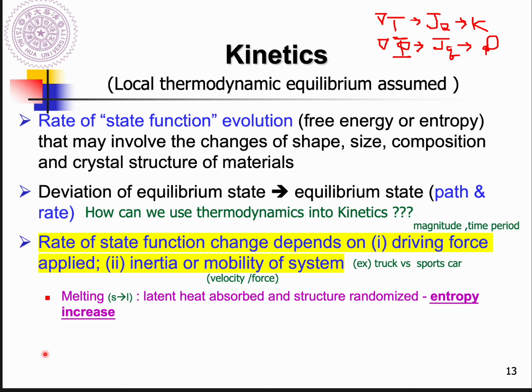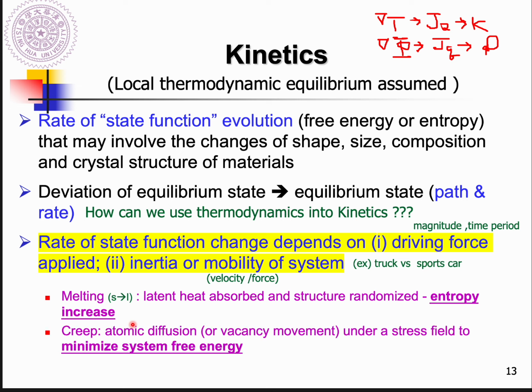In this case, if you use entropy as the state function, entropy changes. Entropy increases in this case. Okay? So the melting process is actually also a kinetic process, and that will also involve the rate, because how much heat is absorbed by the ice will determine the melting rate, right?